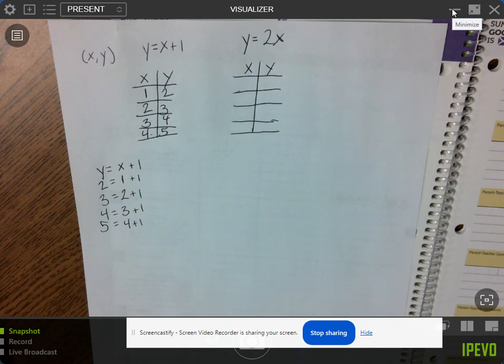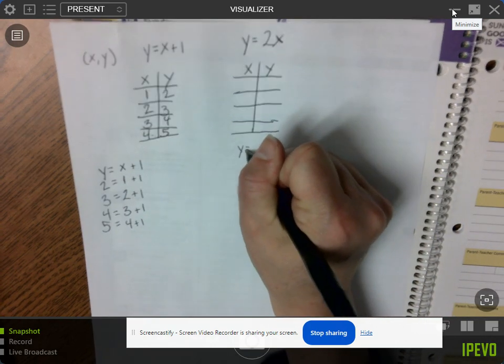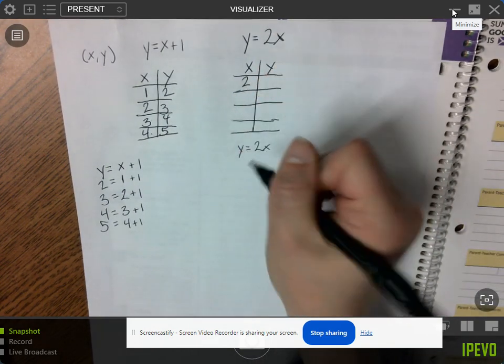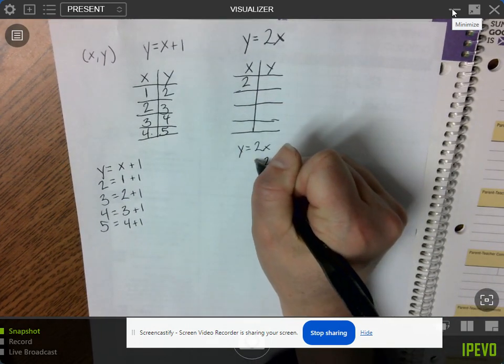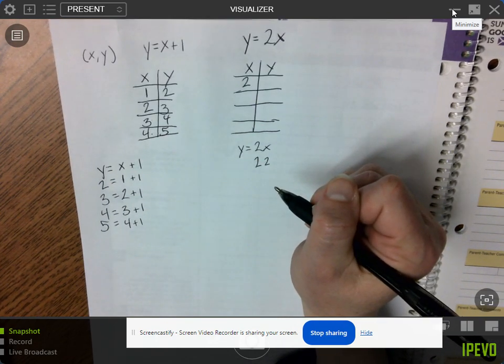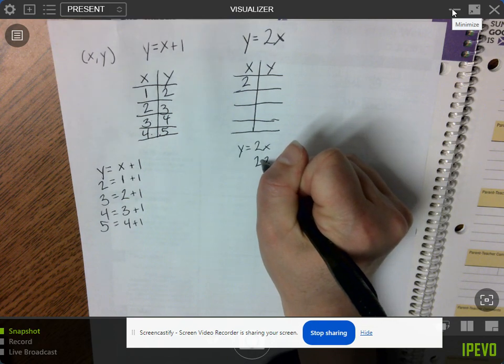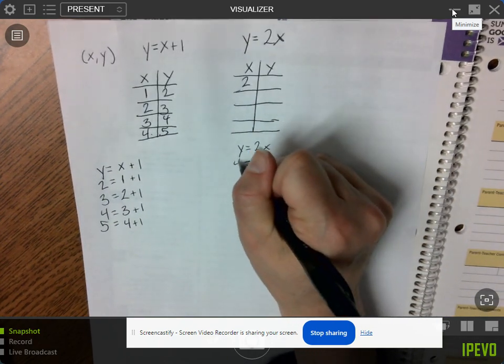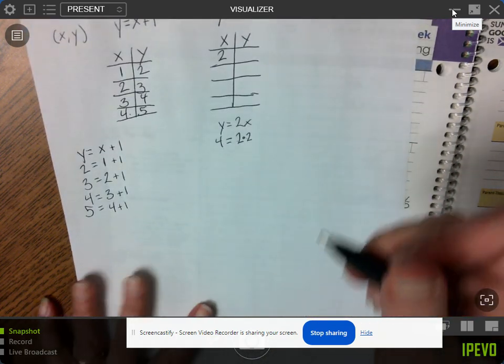And now I need to decide what I want to use for my input, for my X. So if I have Y equals 2X, what's something I could put in for an X, Jimena? 2. If I put a 2 in for my X, and I have a 2 there, what operation do I need to do? Multiply. So what is my Y? 4. Because 2 times 2 is 4.